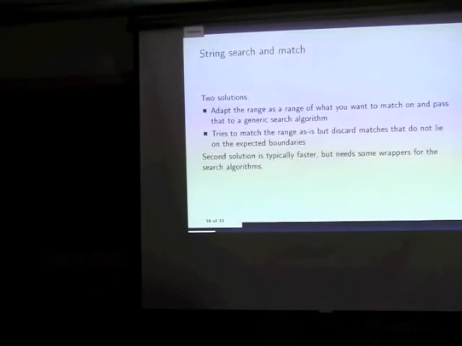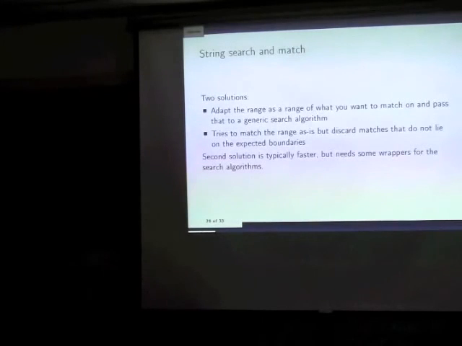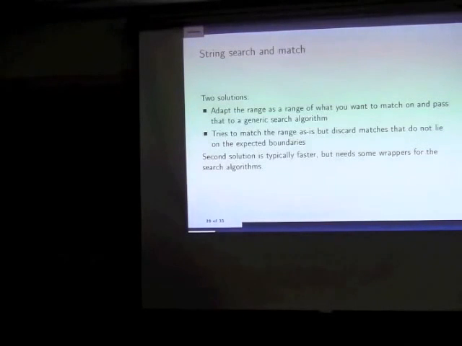When you want to search within a string, there are two ways to do it. You can either fully decode a string and perform the search algorithm on your decoded string. That works. This way you can reuse generic search algorithms, but this is usually not very fast because you spend a lot of time decoding and searching.